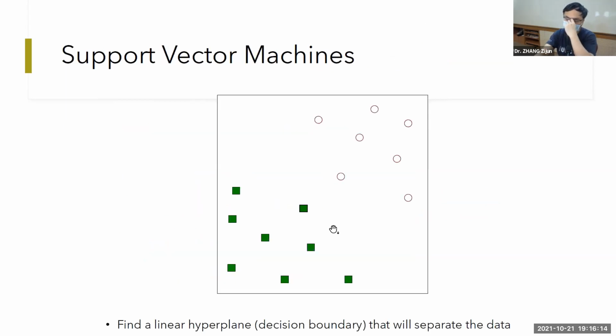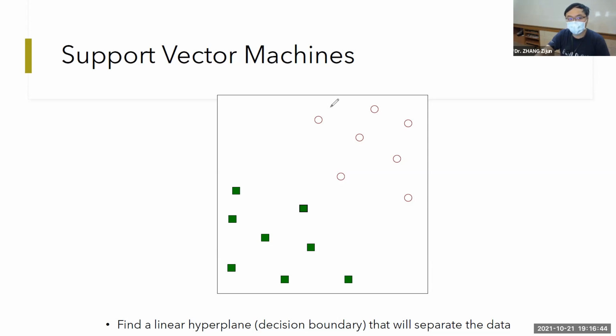Okay, next, let's go into today's concept, support vector machine. We will first talk about using support vector machines to do the classification. If we look at the data distributed in this two-dimensional space, all these data points are labeled as two classes.